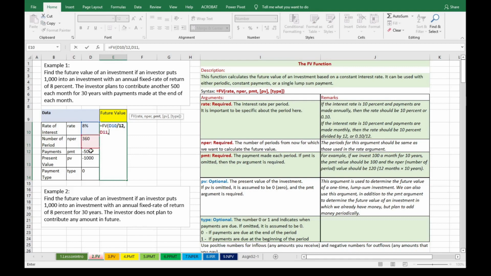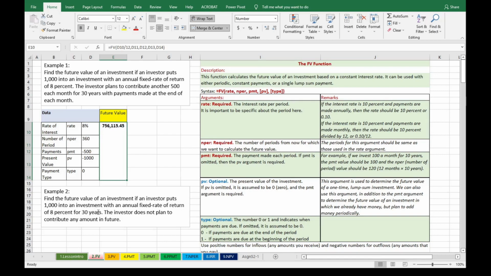Then PMT is minus 500, PV is minus 1000, and type is end of each month. End of each month is 0, which we already put here, so we can close the parenthesis and press enter, and we get the future value as 756,115.45.